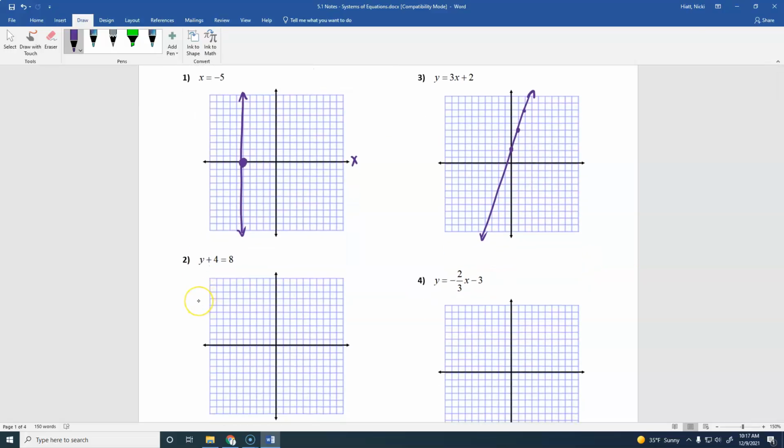For number 2, you got y plus 4 equals 8. That's not solved for y. You got to subtract the 4. So y is going to equal 4. All right. This is going to be a horizontal line. So on your y-axis, you're going to go to 4. And then the horizontal line is going to go across here at 4.